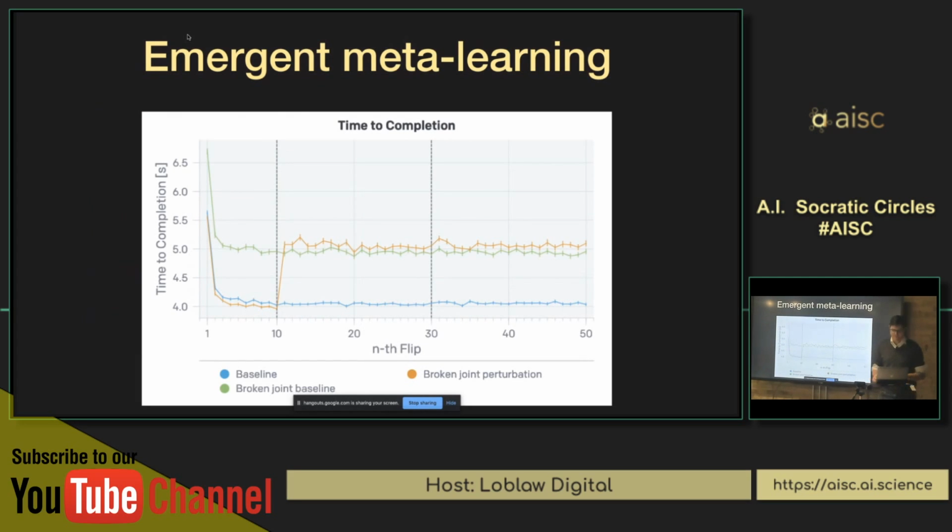Here they break a joint, and the baseline is just the model, and then here they break the joint, right? It stays a bit worse than the model that had a broken joint from the very beginning. And they argue, yeah, because the model is learning something related to this joint, and then suddenly it's gone, and it cannot unlearn having that joint.